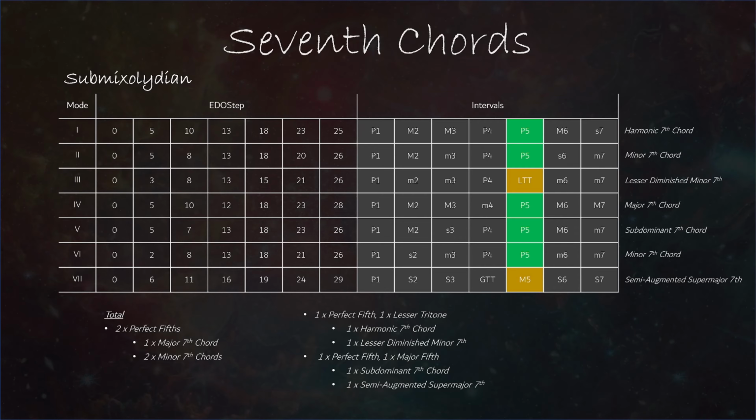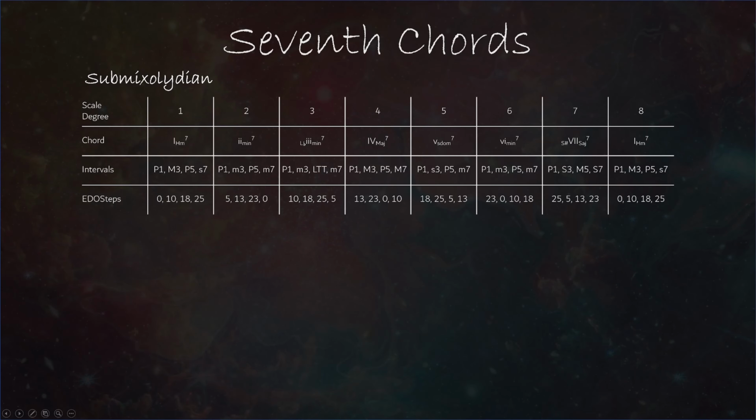And then we have two chords which have a perfect fifth and a major fifth in them, and that would be the subdominant seventh chord on the fifth scale degree and the semi-augmented supermajor seventh on the seventh scale degree. And this is what the chords sound like up and down the scale.